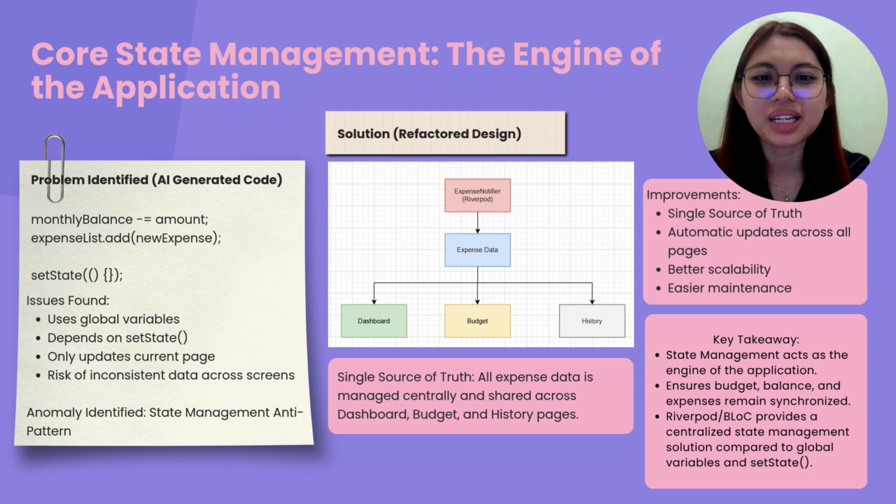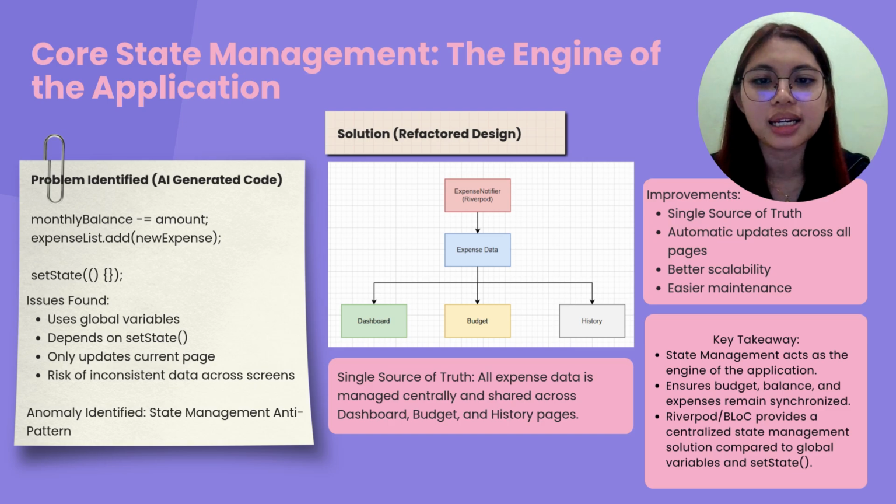Hello, my name is Priscilla Lanja and my metric number is 100795 and my role is student B, which is focused on the code state management, the engine of the application. During the GDVRR audit, we found that the AI generated code used global variables and setState to manage expense data.